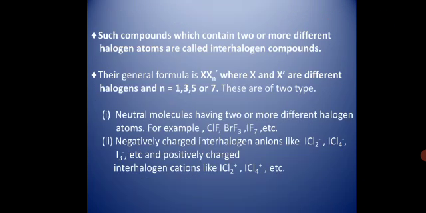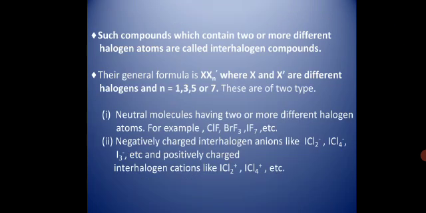Now, next we will come to the interhalogen compounds. Halogens mutually combine together to form a remarkable set of compounds with a general formula XY_n, where X and Y are halogens and n is an integer having value 1, 3, 5 or 7.